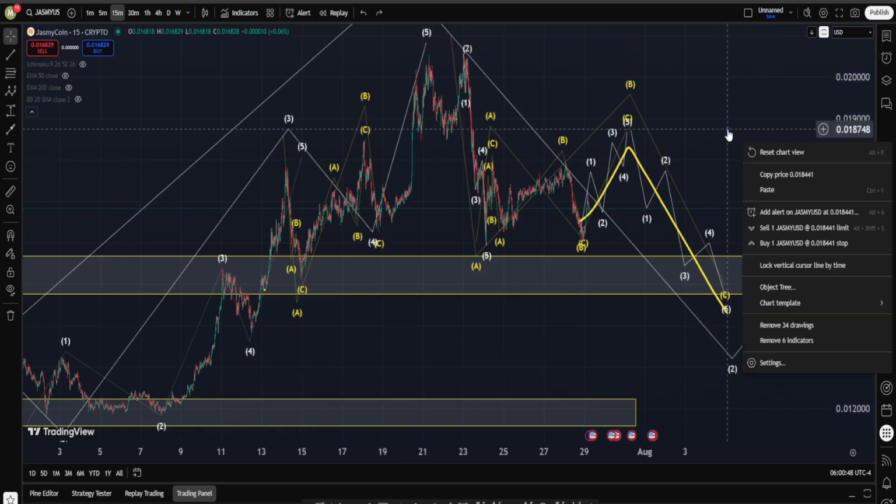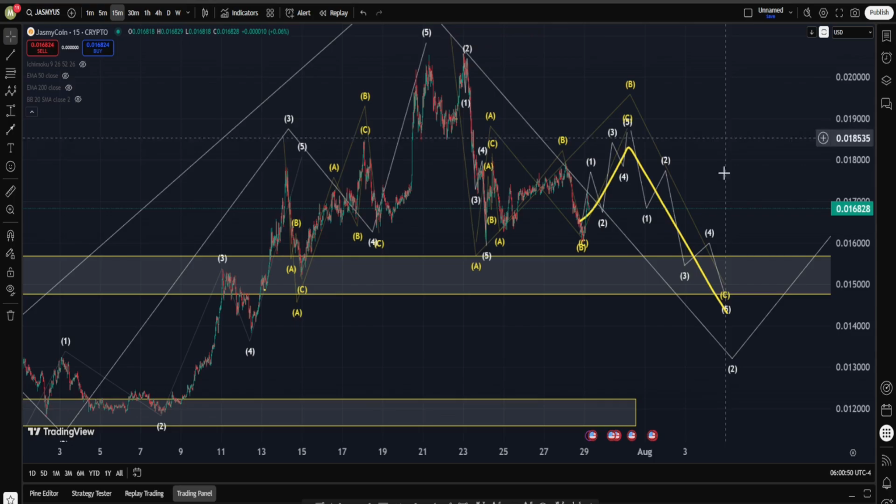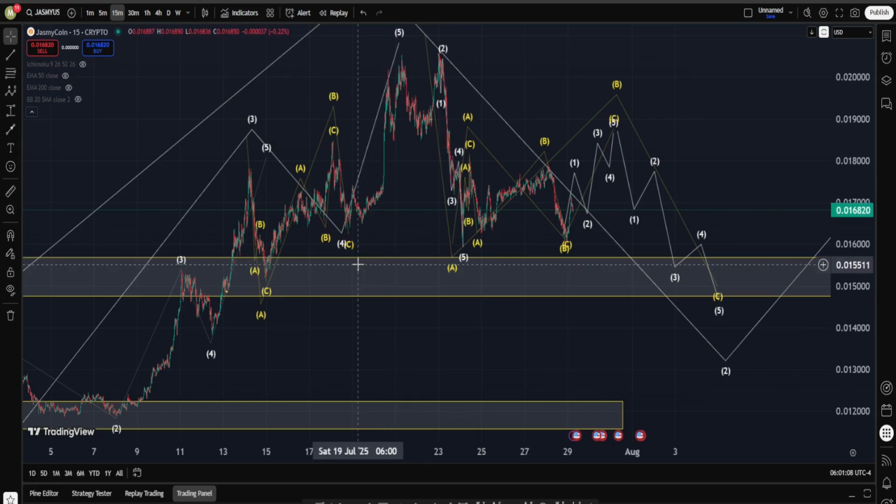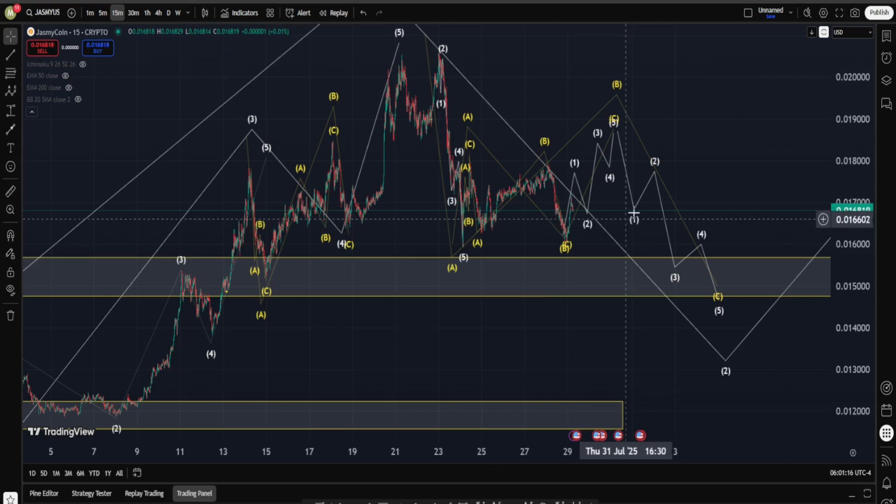Why is that? I think a lot, and I really mean it, a lot depends on what is happening in terms of classic technical analysis, meaning support and resistances. And why is this important? Because recently in Jasmy, we have successfully managed to get back above this unbelievably important cluster of resistance between, let's say, 1.4 to about 1.5 cents.